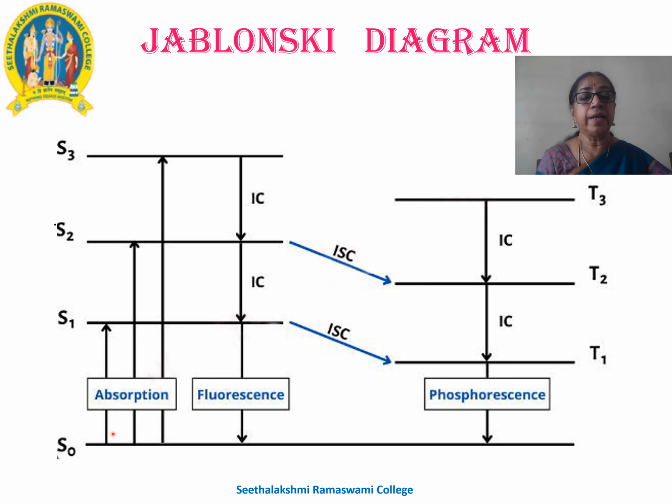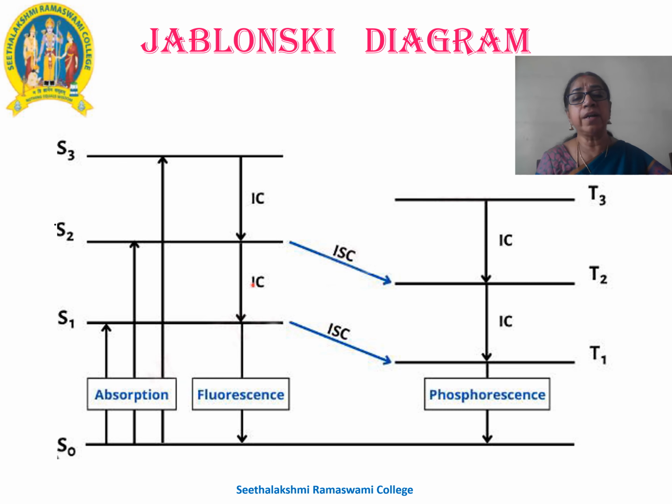Here, light energy is absorbed by the molecules in the ground state. They may go to S1 state, S2 state or S3 state, and they will return back after some time. The return process may be from S3 to S2, S2 to S1, similarly T3 to T2, T2 to T1.